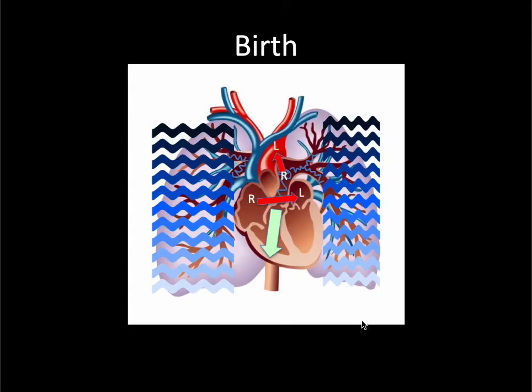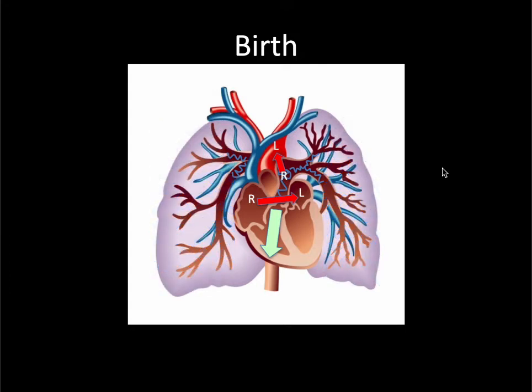So what happens to the fetal circulation after birth? Before birth, you'll have lots of fluid in the lungs, and all that fluid will come out. You'll no longer have the pulmonary vascular constriction. You'll have decreased pressure in the right ventricle. And you'll no longer have the right to left shunt anymore.